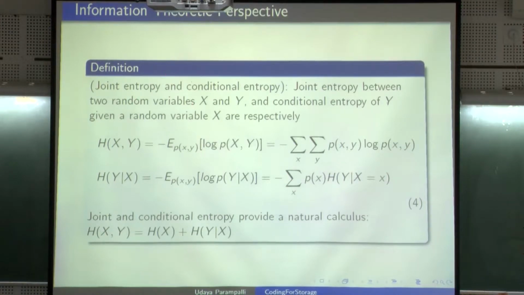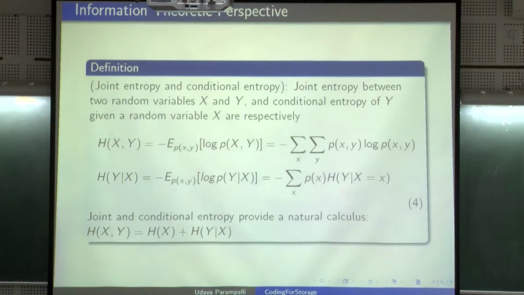So, joint entropy and conditional entropy. The joint entropy between two random variables and the conditional entropy of random variables are given appropriately. The entropy of (X, Y) is defined over the joint variables: you take the expectation, the summation over the joint distribution, times 1 over log p, or minus log p, which will give you that.